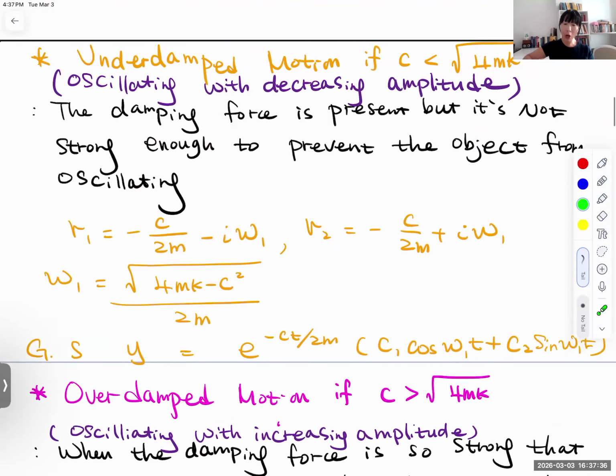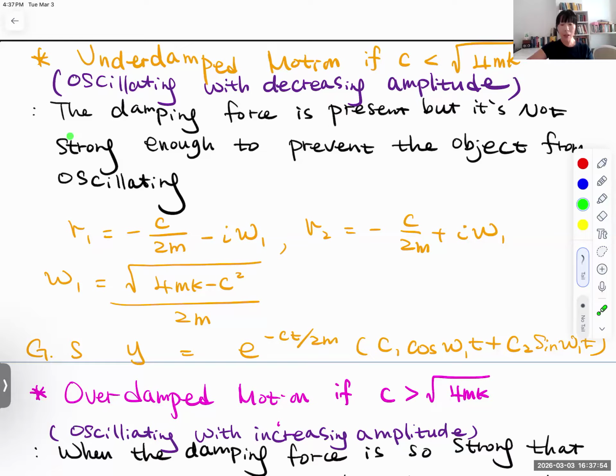If we have underdamped motion, that means oscillating with decreasing amplitude, right? In that case, c is less than the square root of 4mk. Can you see that?